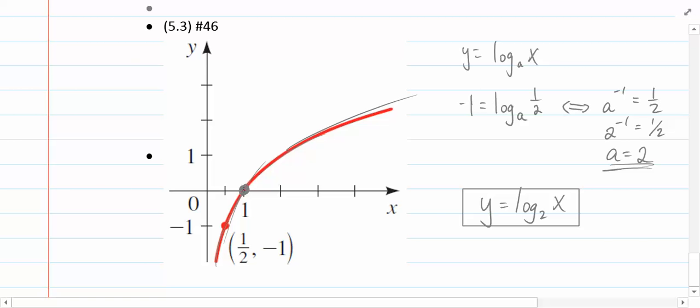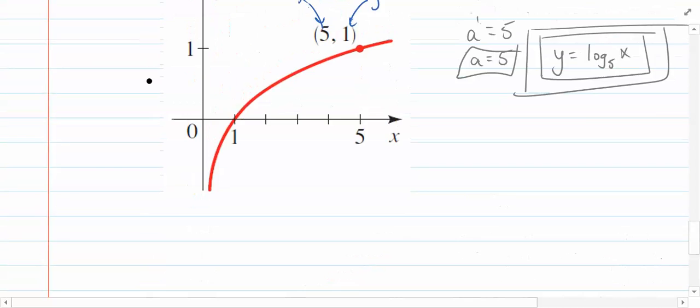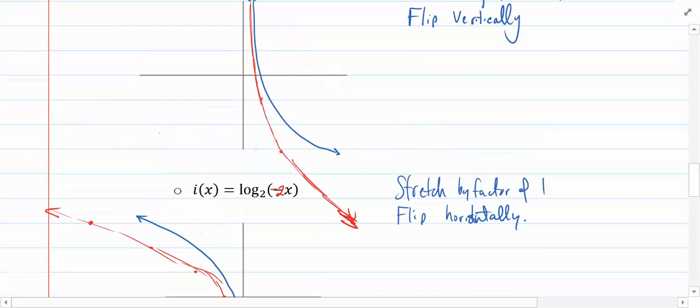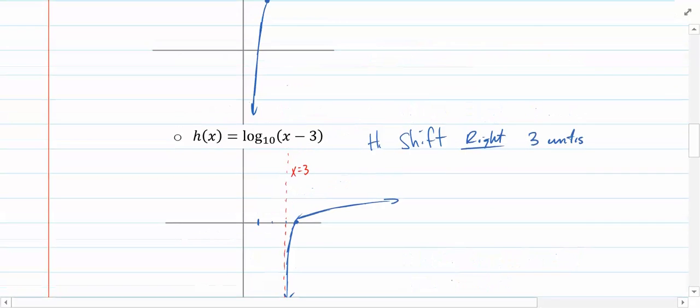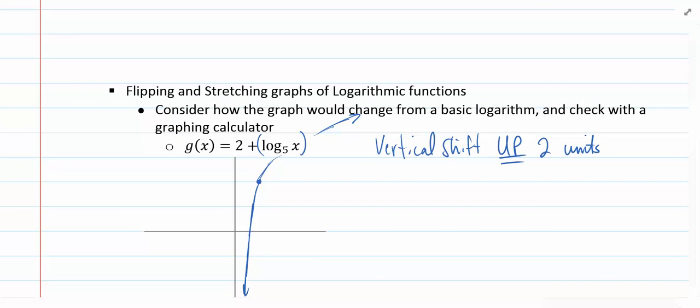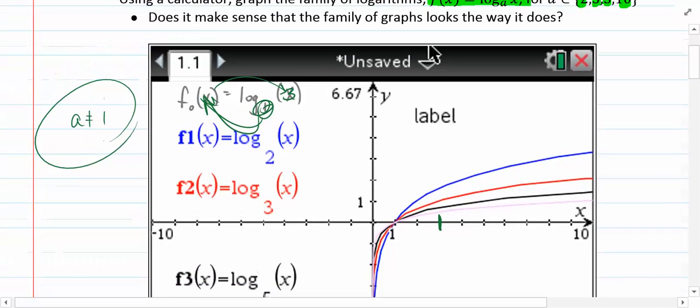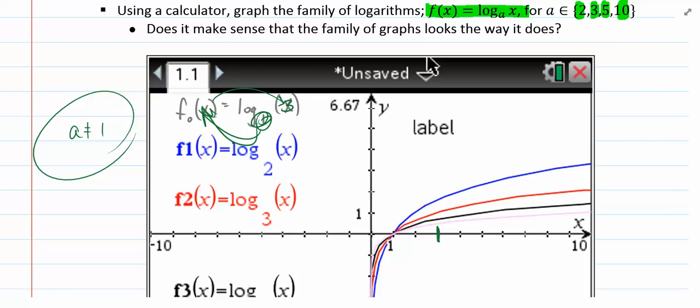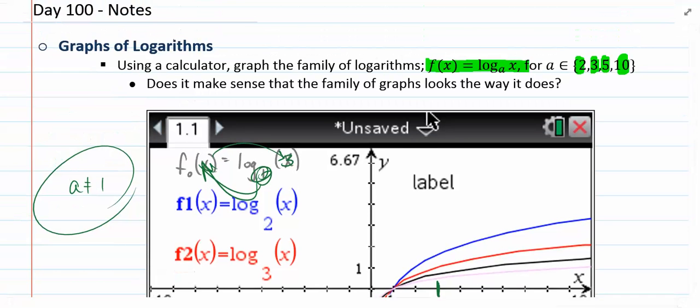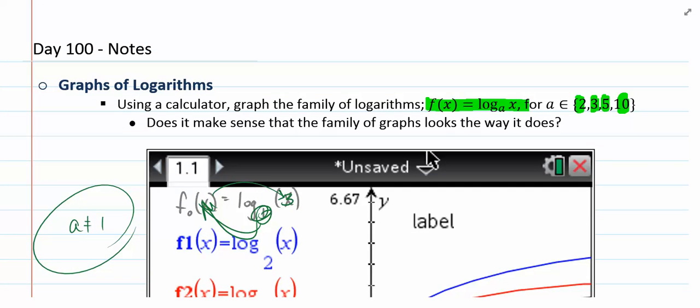Solving for an equation based on a given graph, that was 1. Considering how a logarithmic graph can change by stretching or flipping, that's concept number 2. And then concept number 3 is again thinking about the family of functions. This is an overall discussion on how logarithmic graphs should always appear.